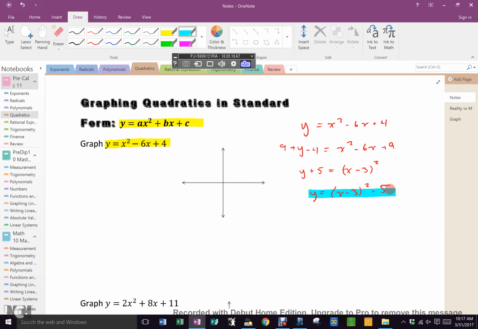Is everybody cool? So one thing you can do, if I complete the square on standard form, I get vertex form.